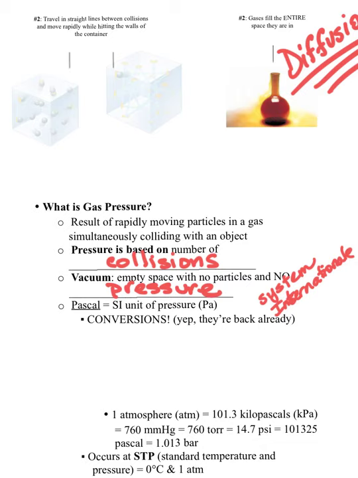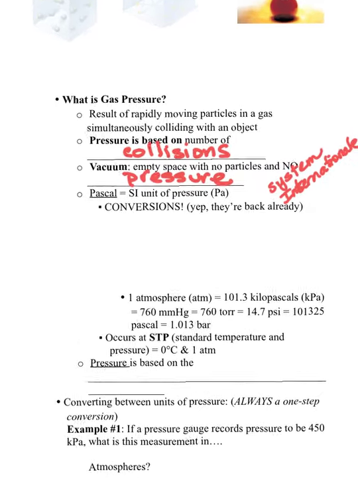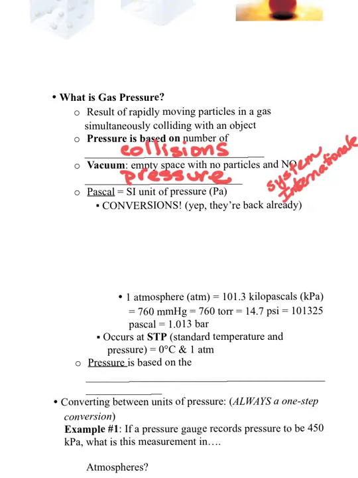And so conversions are back because we have a lot of pressure conversions here. The main one that we usually deal with is the atmosphere, and that is compared to everything else here. 1 atmosphere is 101.3 kilopascals, so obviously that is 1,000 pascals.